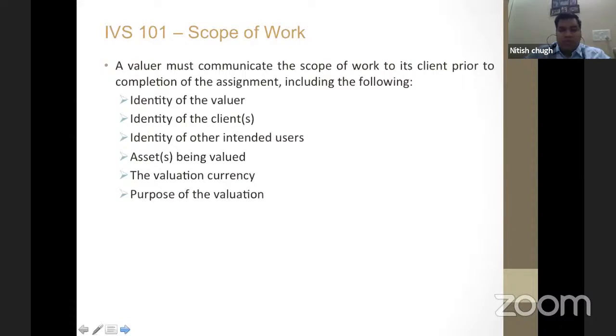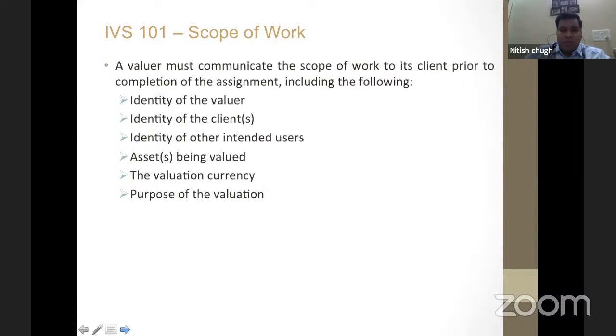Then, what is the purpose of valuation? This is again very important, and it has to be precisely mentioned in the scope of work as per the appointment order or appointment letter issued to you. What is the purpose of valuation? Because it defines the base or premise of the valuation. Why the asset is being valued depends upon the same.